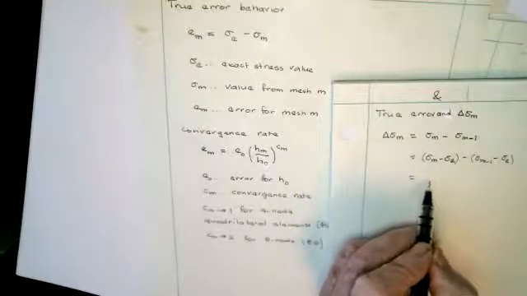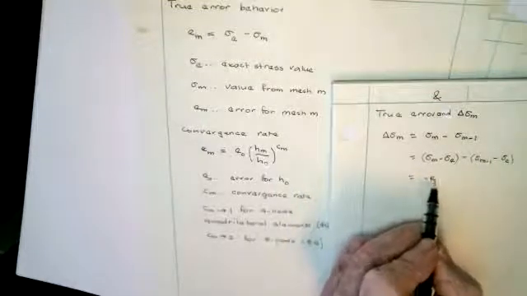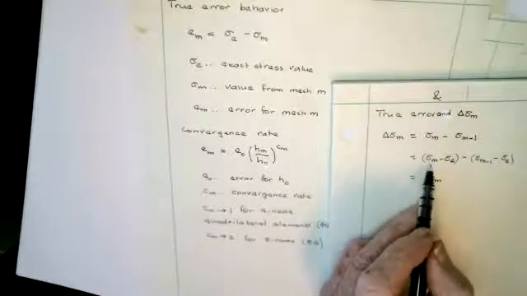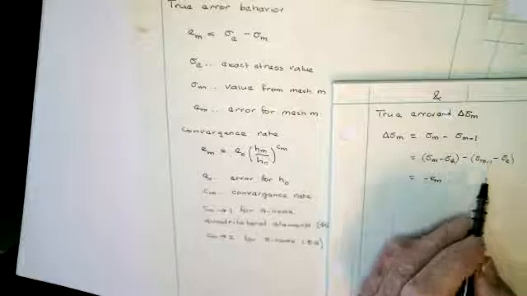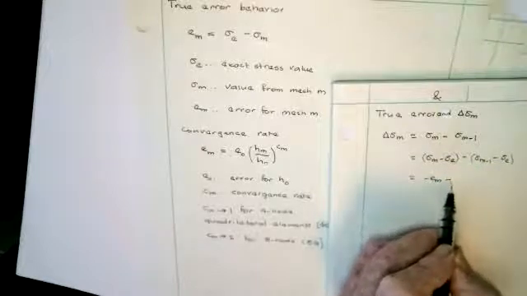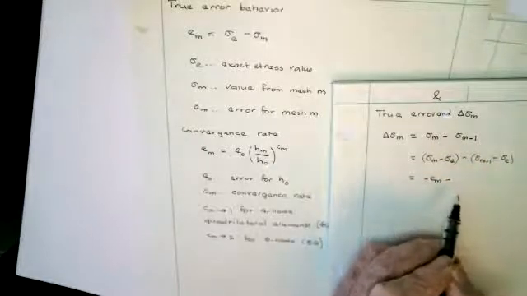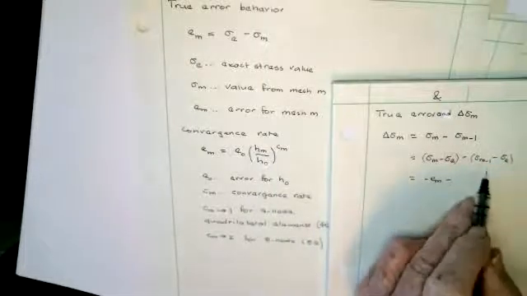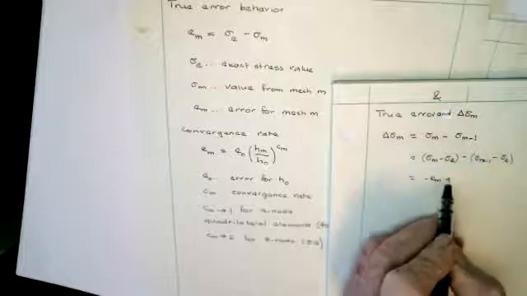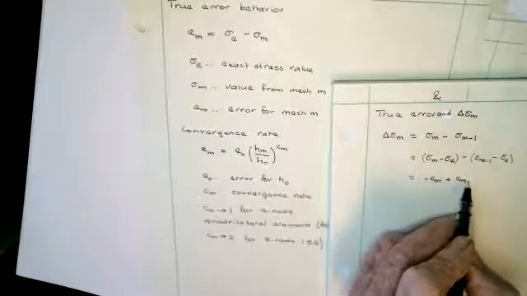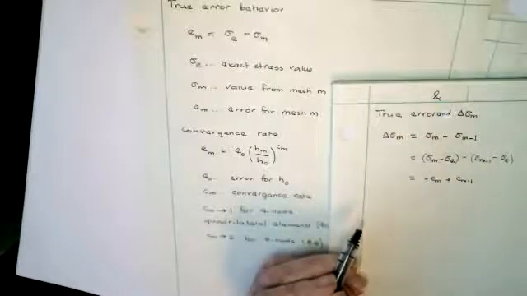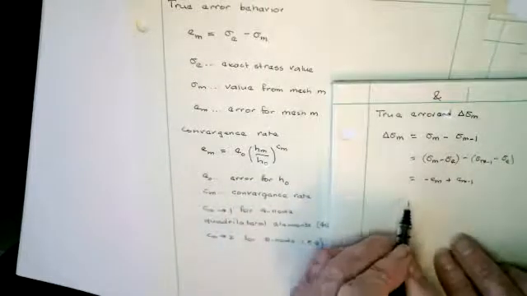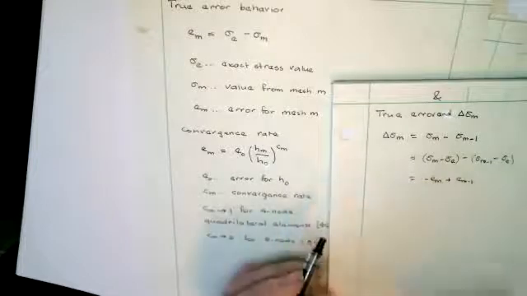But this is sigma E minus sigma M, which was E M. Okay, so this is minus E M. And this would make that plus sigma E minus sigma M minus 1. That's going to be plus E M minus 1. So delta sigma M looks like this.